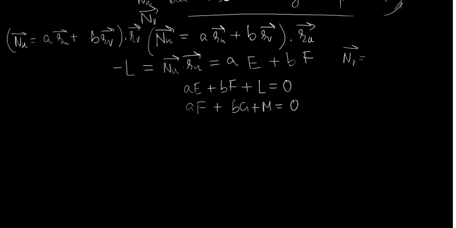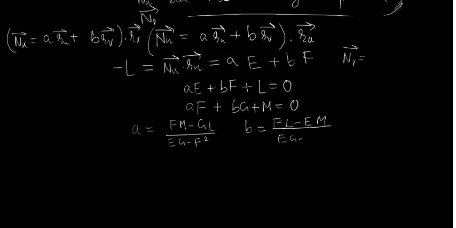So if I apply the cross multiplication method that you know from school, a would be FM minus GL divided by EG minus F squared, and you know that is just H squared, and b would be, just doing the cross multiplication, FL minus EM divided by EG minus F squared, and you know that this is actually equal to H squared.